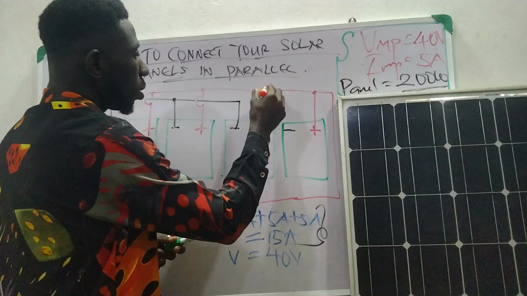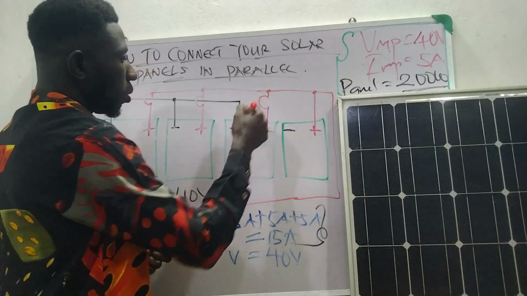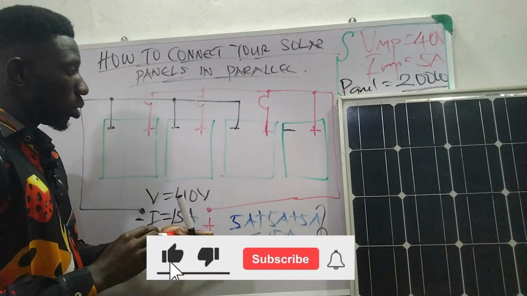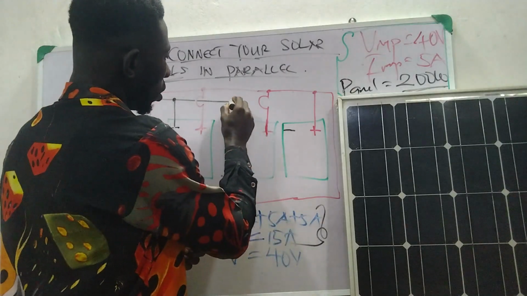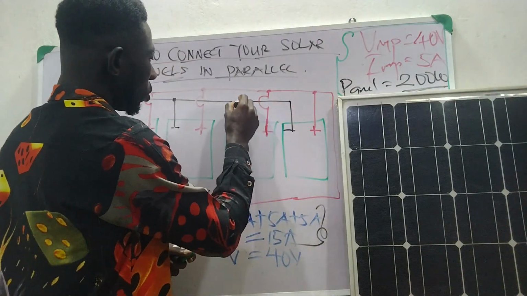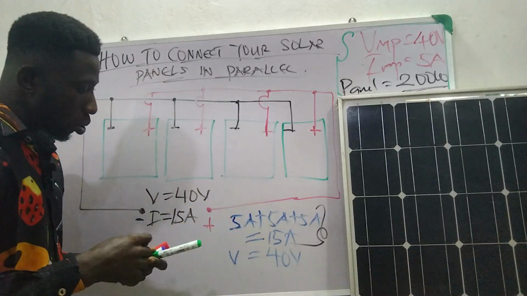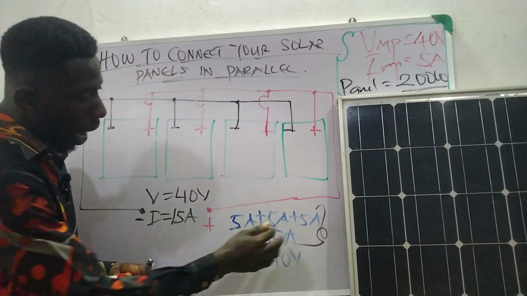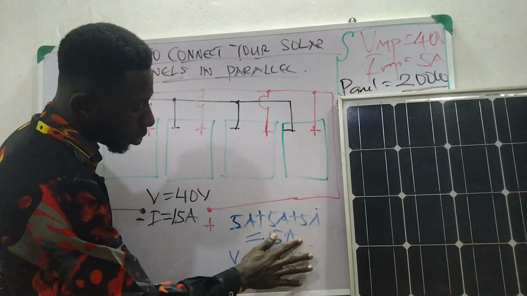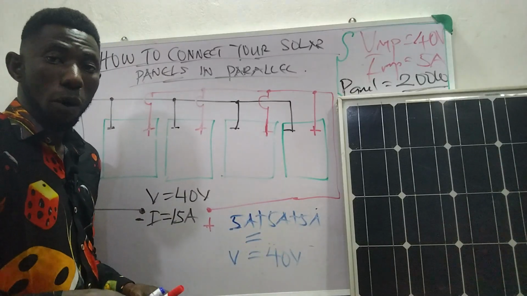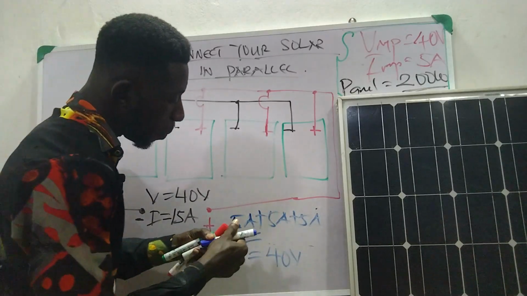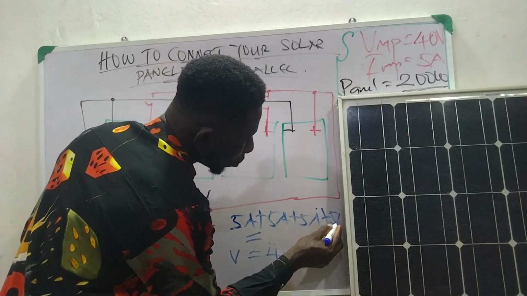So my negative will come here. This is a negative. So if I want to add this now, I have to add another 5 amps, right? Remember, we have added another panel to be 4 panels connected in parallel, so I have to add another 5.